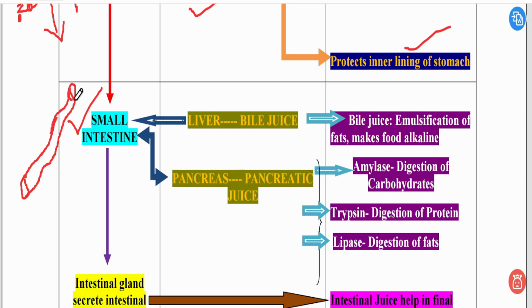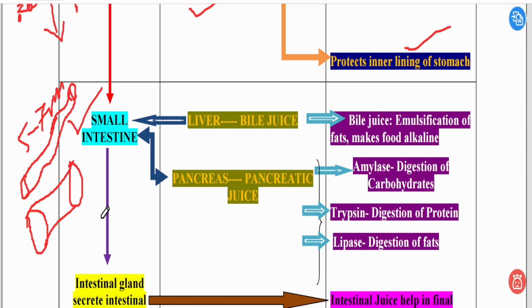Only the diameter is small, so it is called the small intestine. The length will be, I think, near about 5 to 7 meters long. Yes, too much long. And the diameter of the large intestine is very large, so it is called the large intestine, but it has a shorter length.